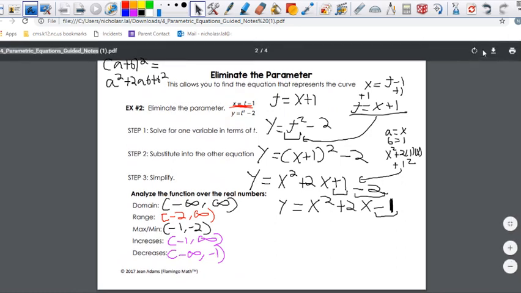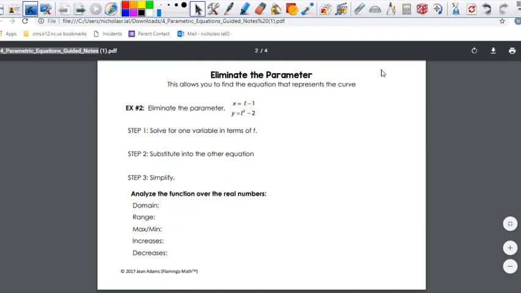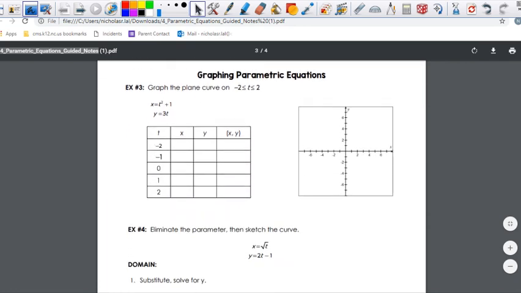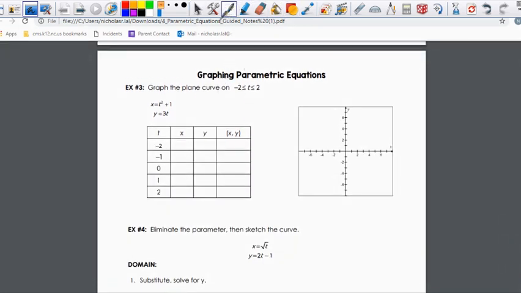And now we're analyzing the function of real numbers, and we've done that. So graphing parametric equations. Graph the plane curve for t from negative 2 to 2. So when t is equal to negative 2 to 2.